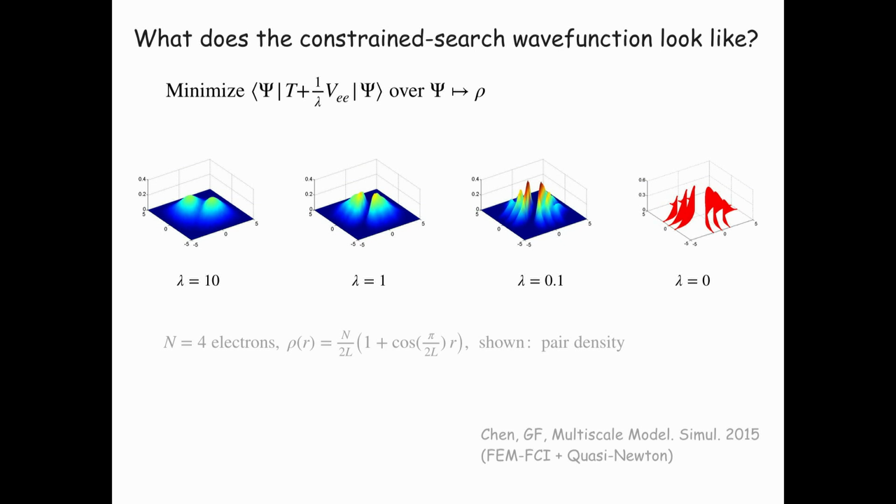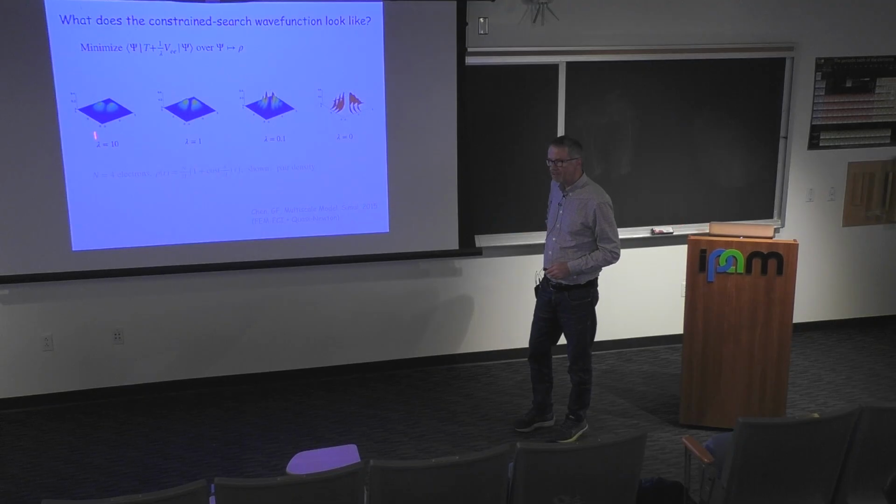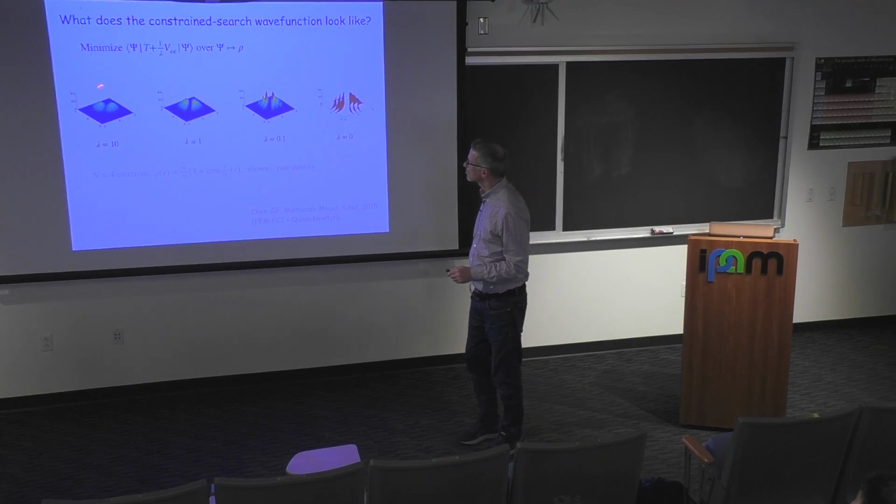What I'm plotting here is the pair density, so the wave function squared, integrating everything out except two spatial coordinates. Here you are in the high-density or weak-interaction limit. So you get standard exchange-type correlations, where the density is just depleted on the diagonal. That's the exchange correlation.